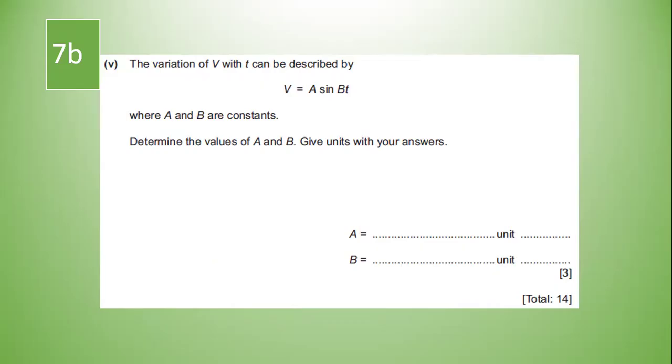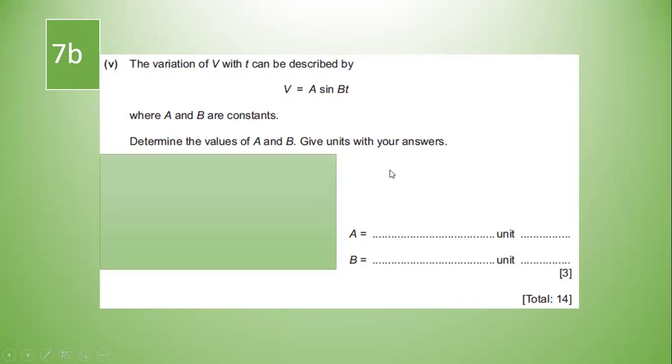Reading the sinusoidal graph, the variation of V with t can be described as V equals A sine B t, where A and B are constants. Determine the values of A and B. A equals V naught. B is omega, no?